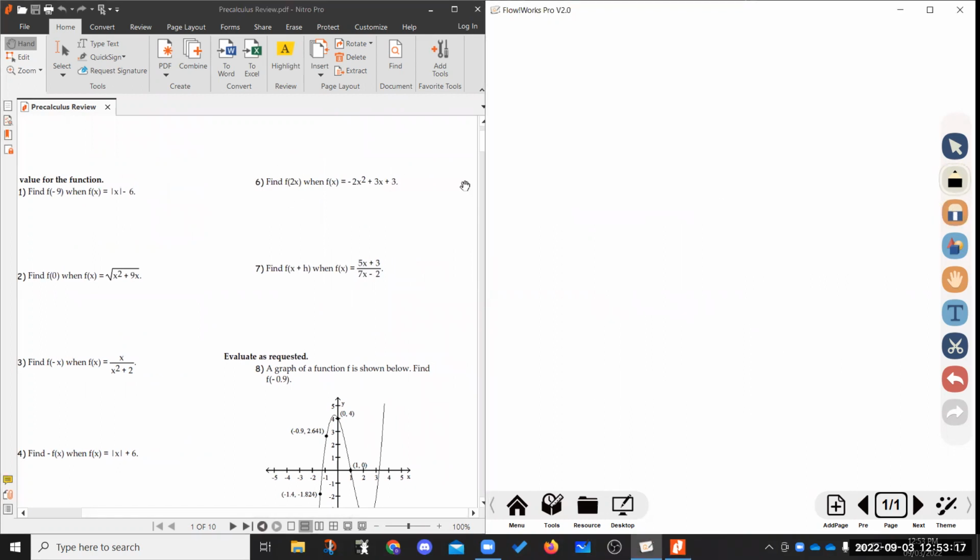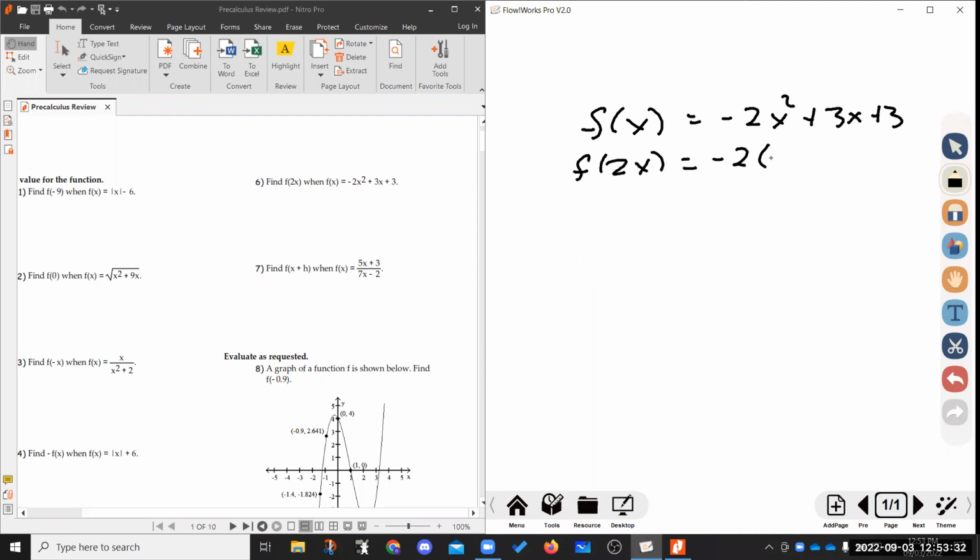Now we're going to do another type of transformation. This is going to be a horizontal compression. F of x is going to be equal to -2x squared plus 3x plus 3. And we're going to replace x with 2x. So that's -2 times (2x) squared plus 3 times 2x plus 3.